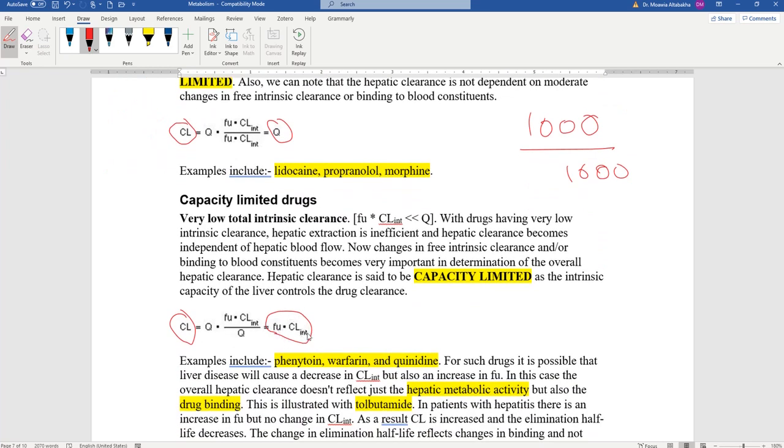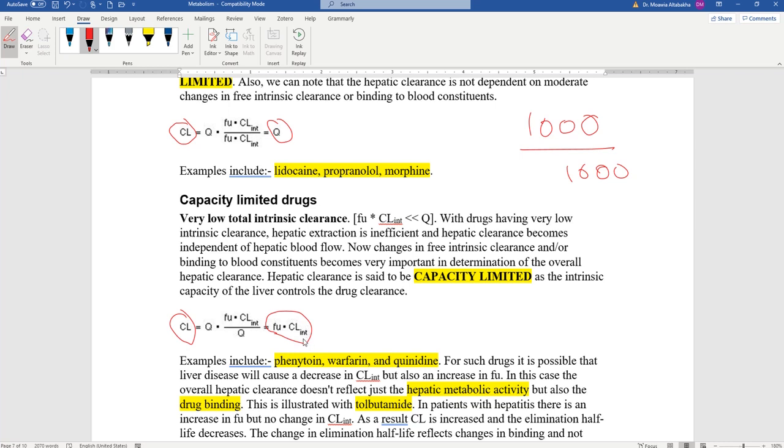When will I have problems here? In certain diseases like liver disease it might affect the enzymes in the liver, and the fraction unbound as well. We have liver disease that affects fraction unbound as well. Okay? But you have to be careful here because in some cases the fraction unbound is affected but not the intrinsic clearance.